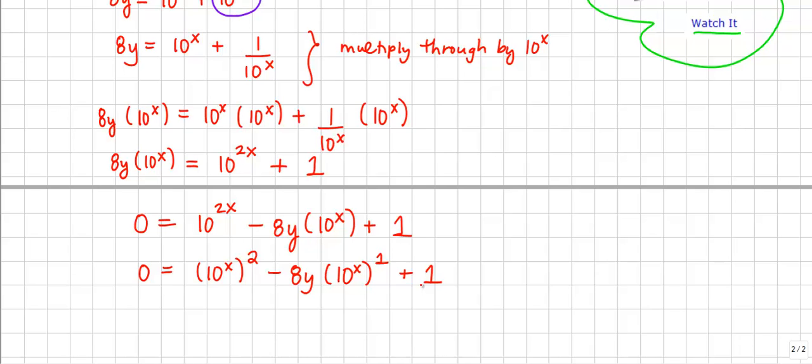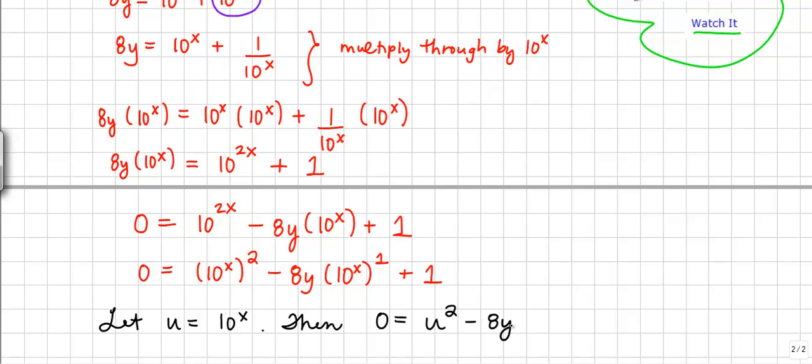So if I were to do a substitution, u equals 10 to the x, then the resulting equation would be 0 equals u squared minus 8y times u to the first plus 1.